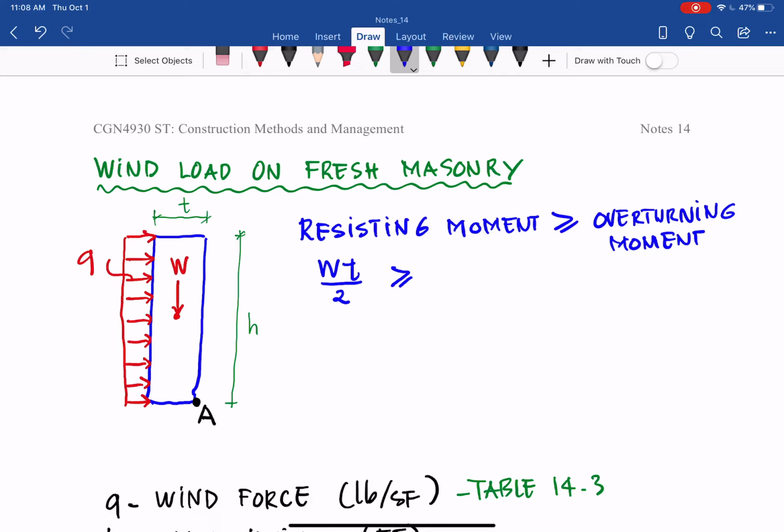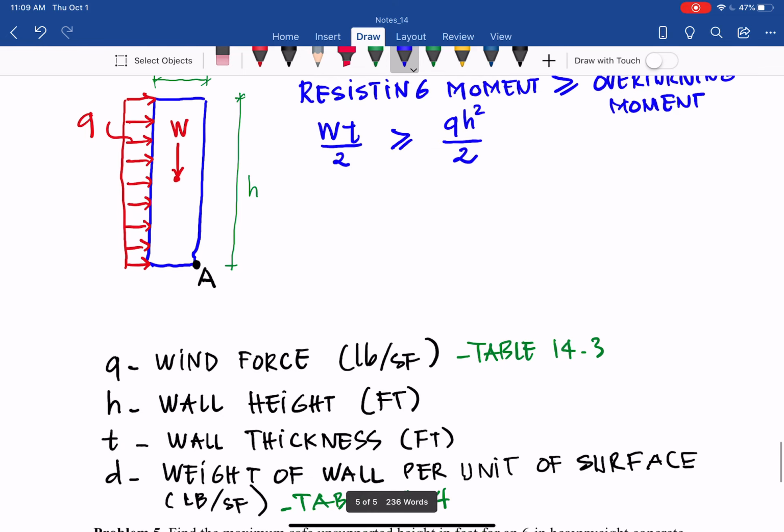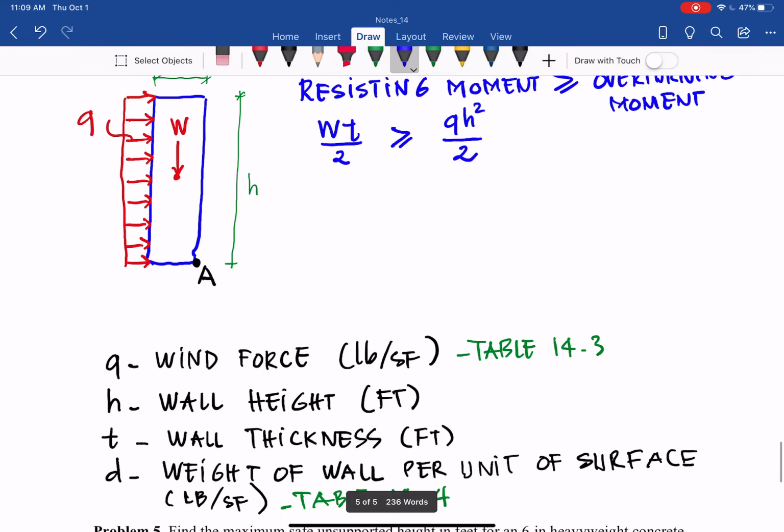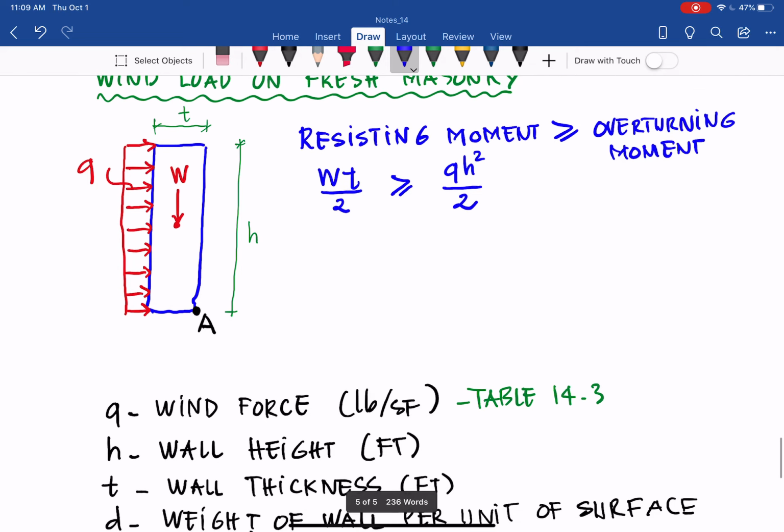As you already know from mechanics, q h is the equivalent concentrated load, and with h over 2, that is the moment arm, so the overturning moment is q h squared over 2. And if we define small d as the weight of the wall per unit surface, times the height, we can find the weight.